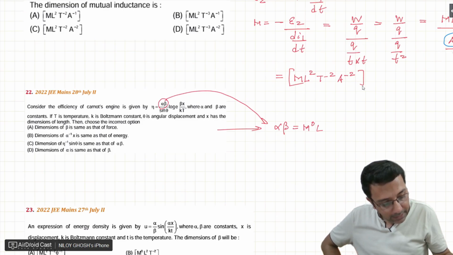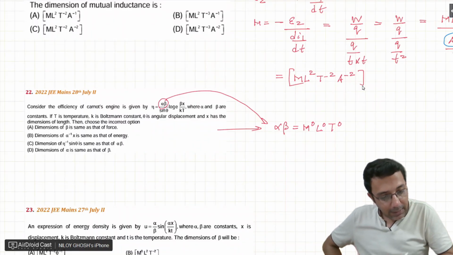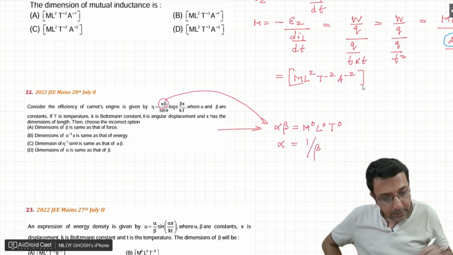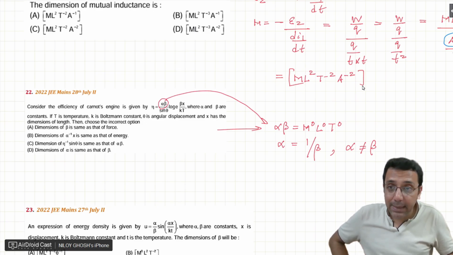So I can write here M0, L0, T0. Okay, that is also dimensionless. So that makes alpha equal to 1 by beta. Okay, so that is alpha is not equal to beta. Now if you see the options, option D is given as alpha is same as that of beta. That is the wrong option.